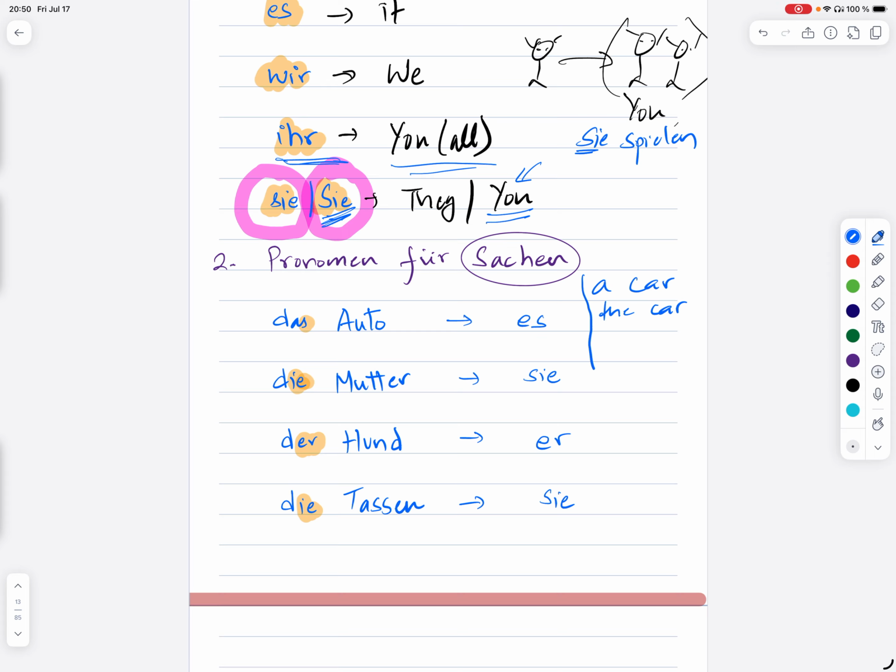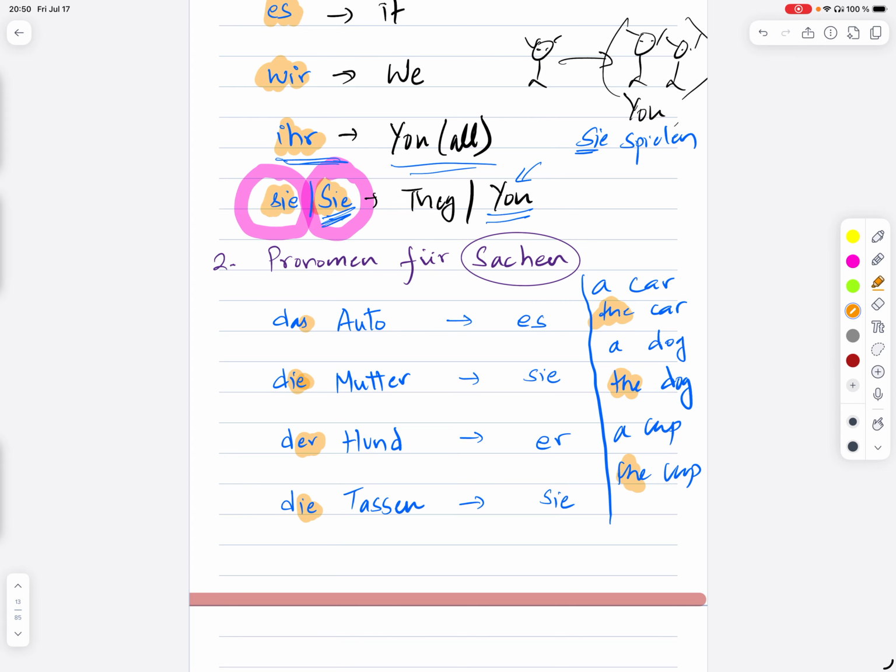In the same way, you will have a dog, the dog, or you can have a cup, the cup. But you will notice here that the article for things doesn't change, even though the things are living, non-living, and could also have gender associated with them. It's always the. So the car, the dog, the cup, right?